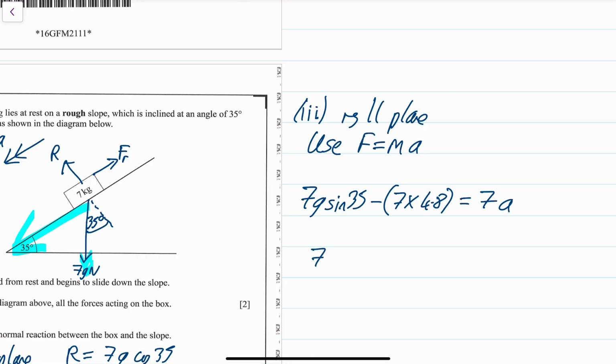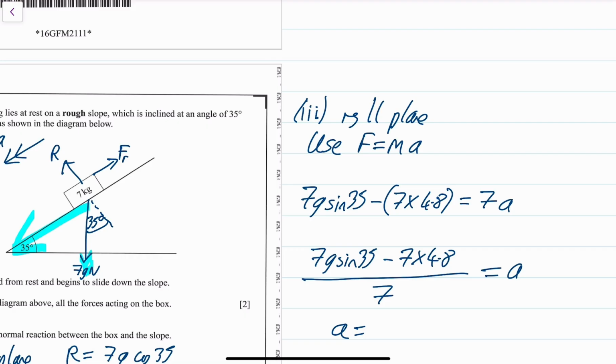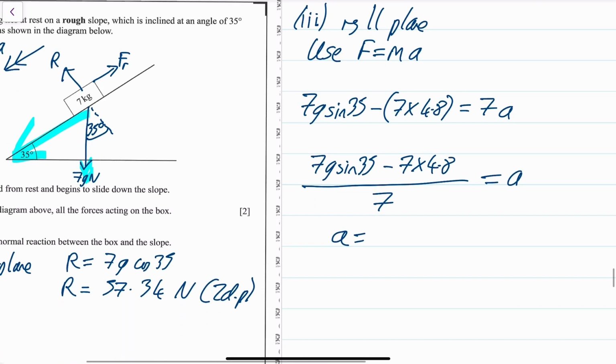And all you need to do, again, don't use your calculator to work all these things out just yet. Just show your working. It's going to be all that divided by 7 is equal to your a. Let me just check and see if I agree with it. So we had 7 times g, which is 10, times sine of 35, then minus 7 times 4.8, divided by 7, and I got the same thing again.